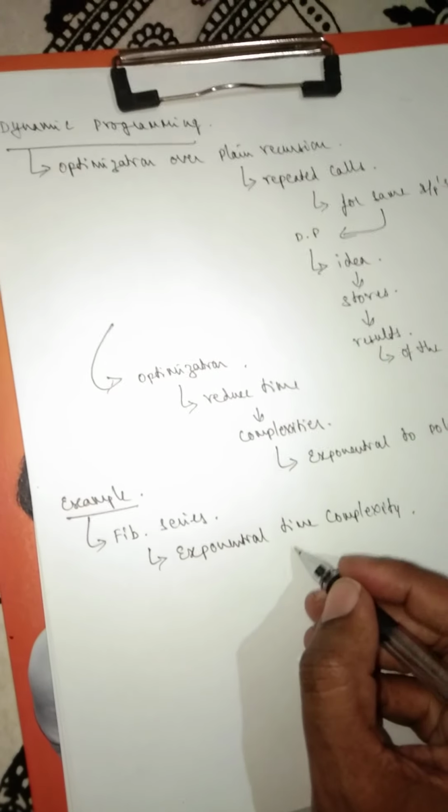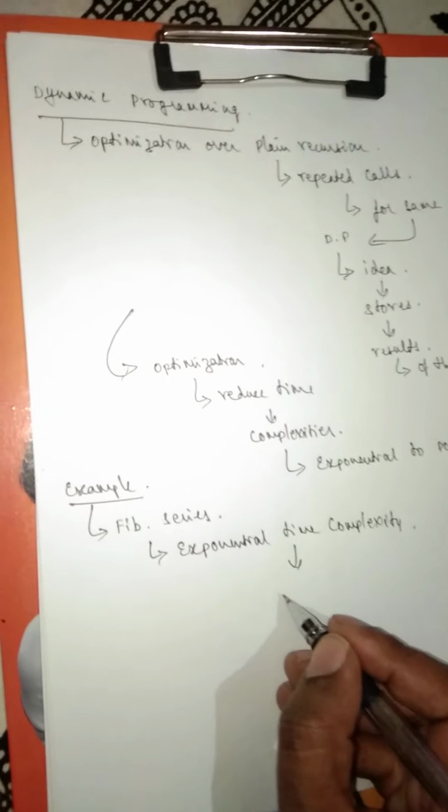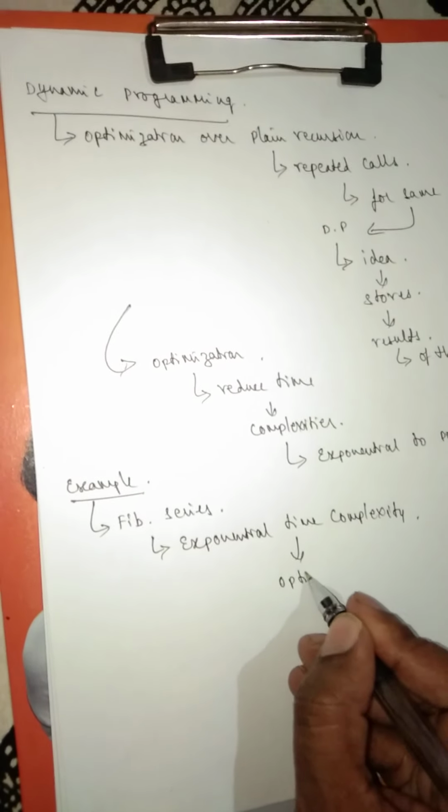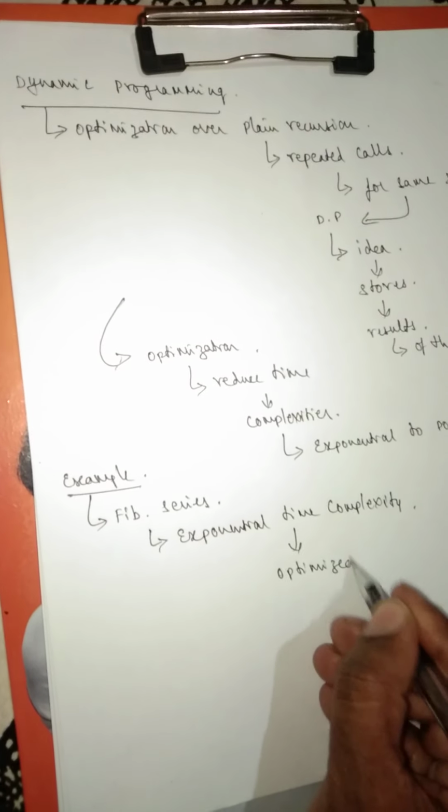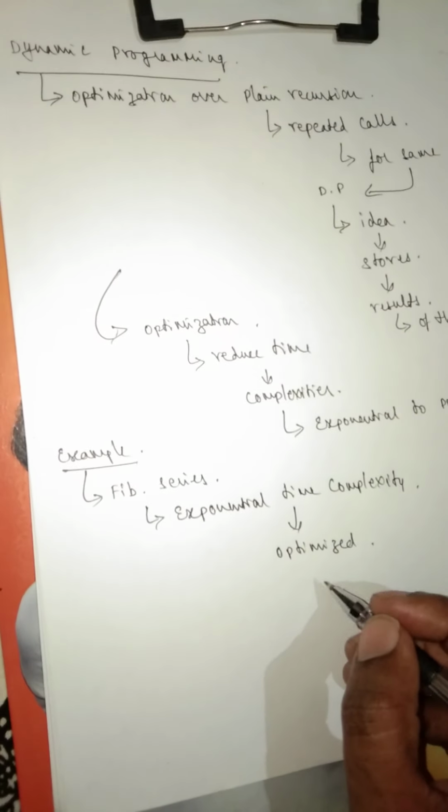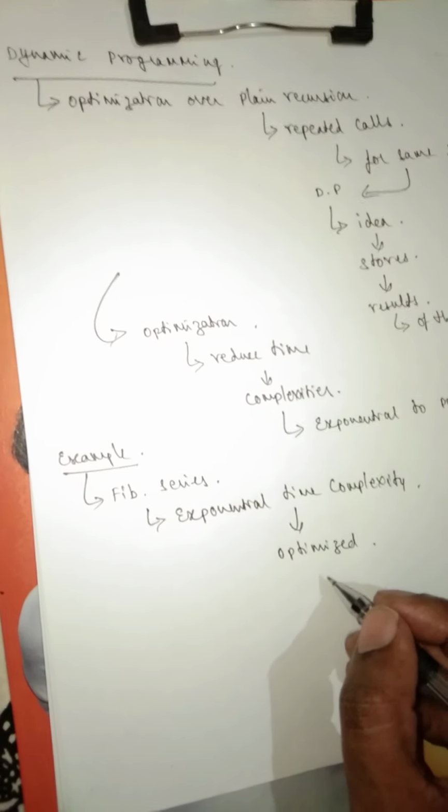And when this is optimized, how can we optimize this exponential time complexity?